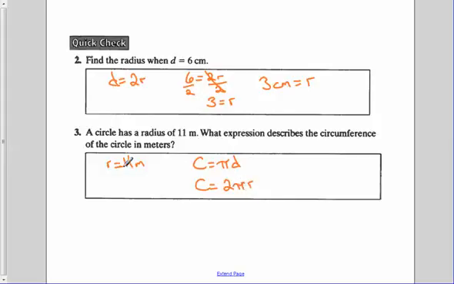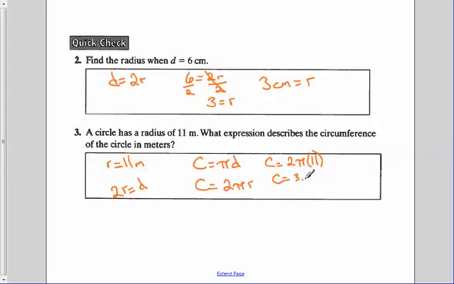Or I can use 2r, which equals my diameter. Since they gave us the radius, I'm going to use it. I get the same thing either way. So circumference is equal to 2 pi, and then I have 11.